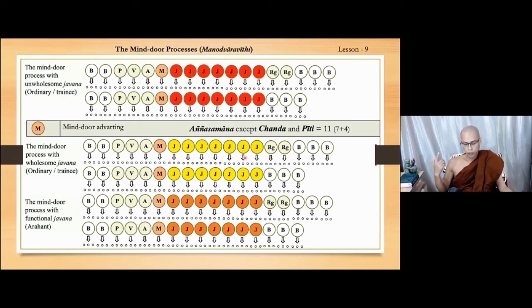And when you are listening to my explanation of the Abhidhamma teaching, at that moment the process of ear consciousness with the wholesome jhana arises in your mind, like this. So this is the general understanding.